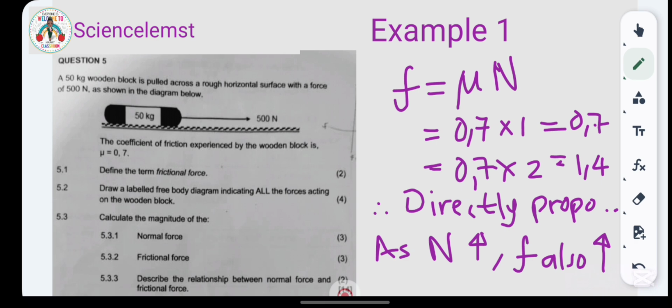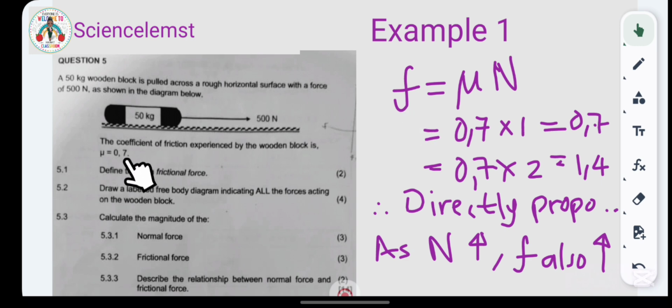Please use words when you're explaining this in an exam or a test. Don't do like I did. So normal force becomes an independent variable in this situation, and frictional force becomes a dependent variable.